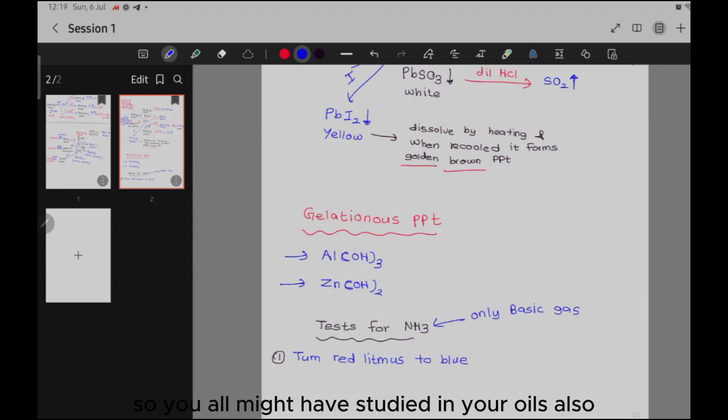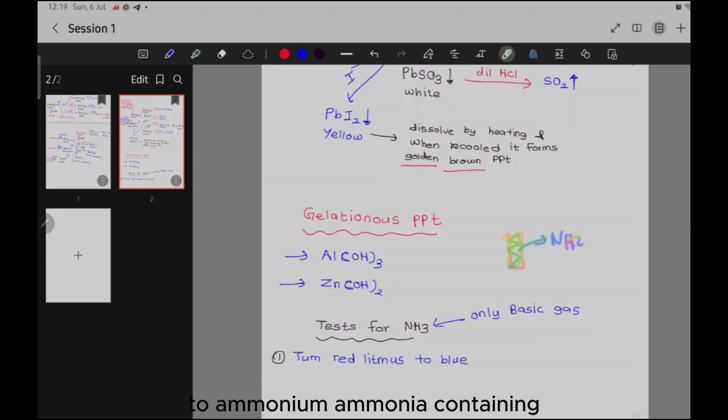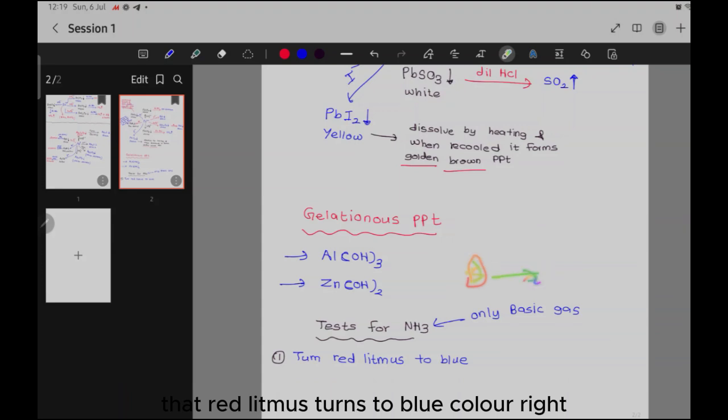You might have studied litmus papers in your O/Ls also. When you take a red litmus paper and keep it near ammonia gas, that red litmus turns to blue color. So if that turns, then you can confirm that's ammonia gas.